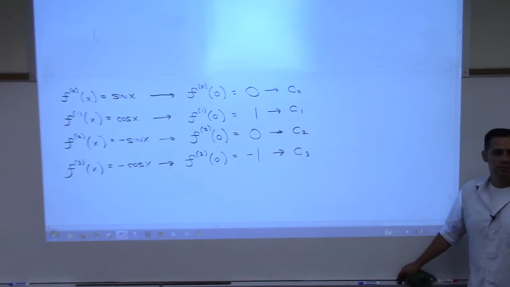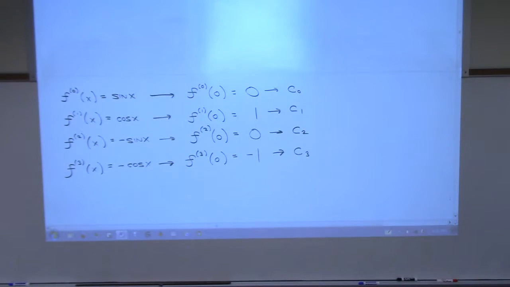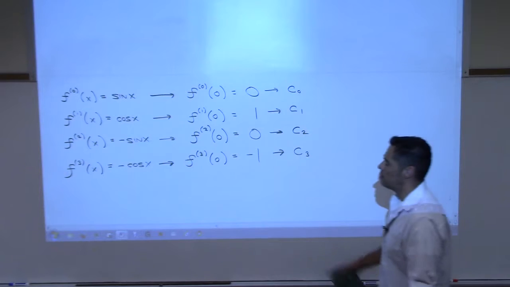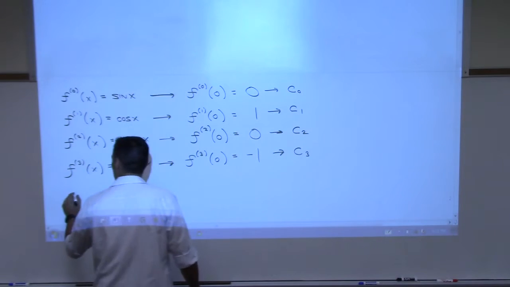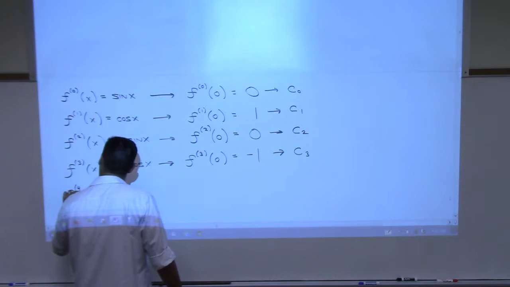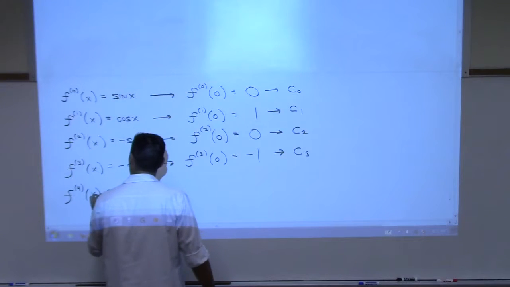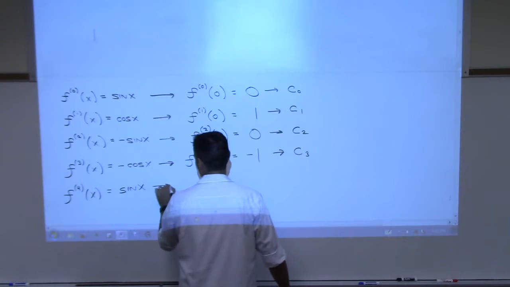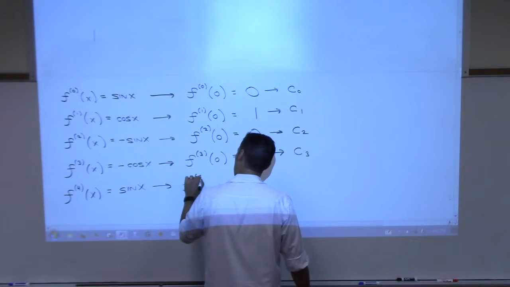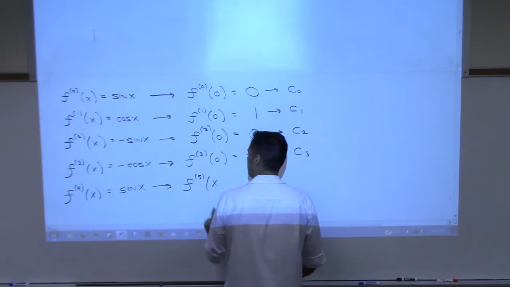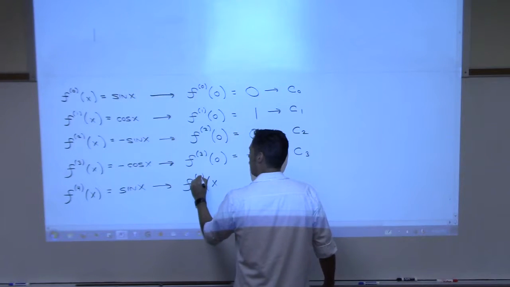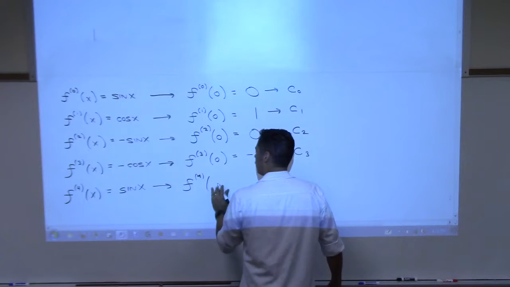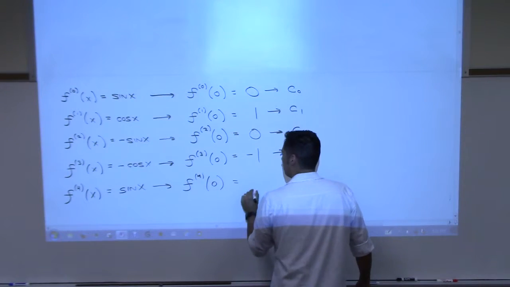What's going to happen now? It's going to go back to 1, right? Or sorry, it's going to go back to 0. I'm going to start the pattern over, right? Now I'm only starting the pattern over because this is sine, right? So we're back to 0.